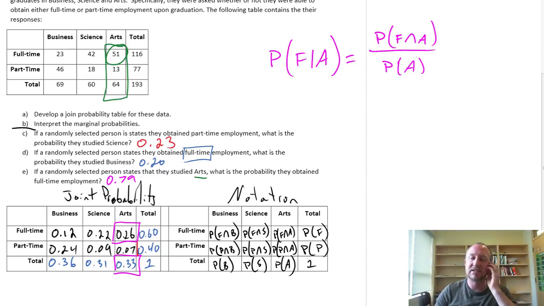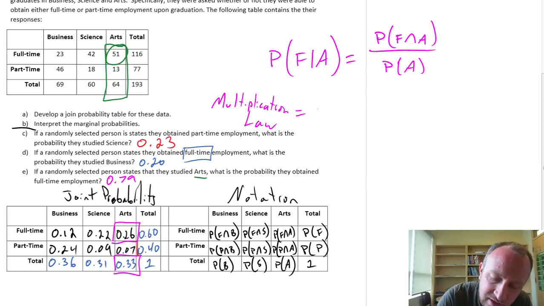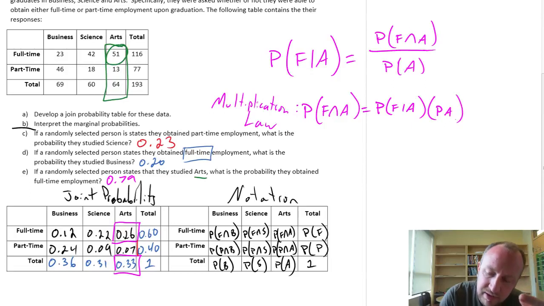So what this brings us to is the multiplication law, which is how do I obtain the intersection of two events. If I solve for that intersection, this would mean that the intersection between F, full-time, and arts is equal to the conditional probability times the probability that they're in arts.